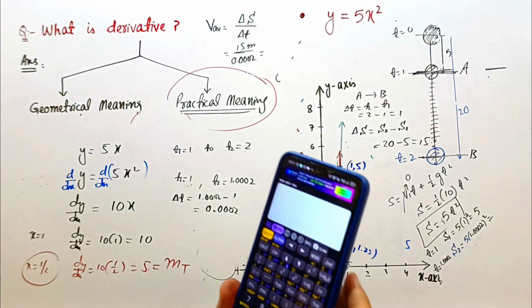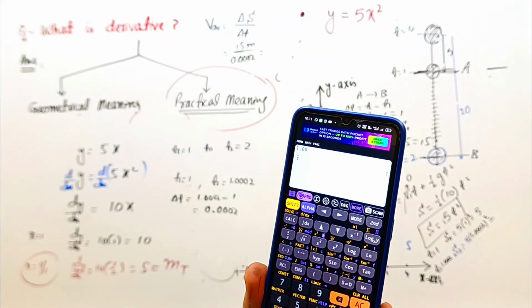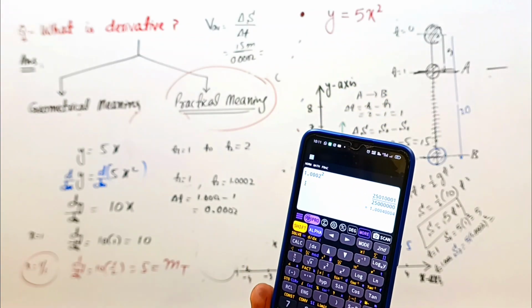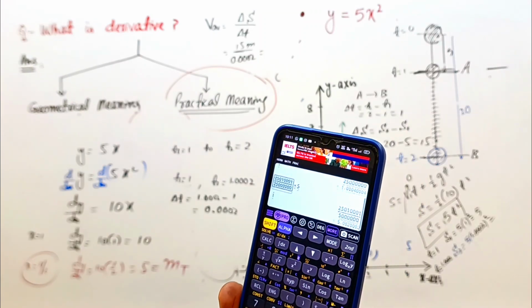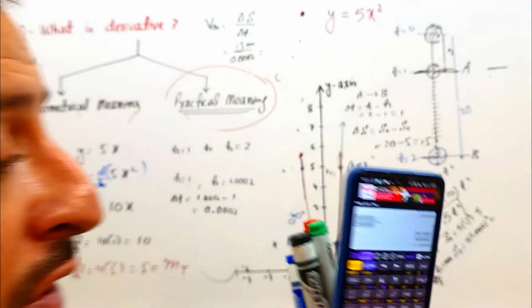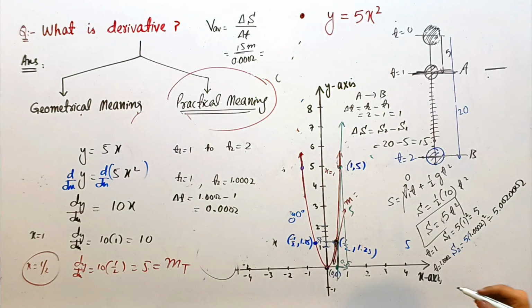I am finding the value, my sweet students. 1.0002 square, that's the answer, multiplied by 5. That gives 5.0020002. Then how much is delta S?